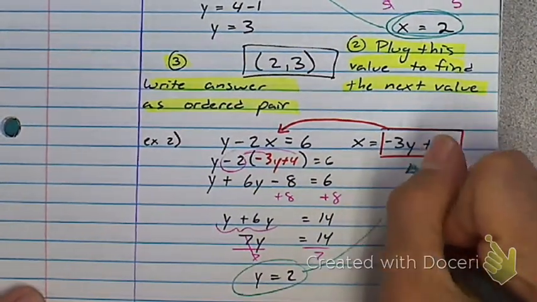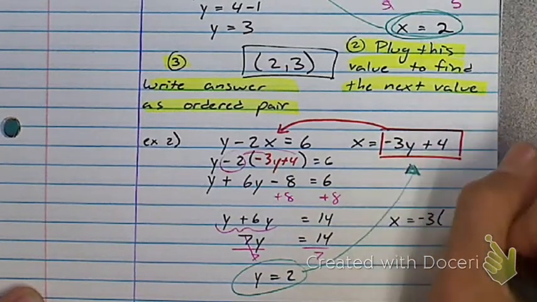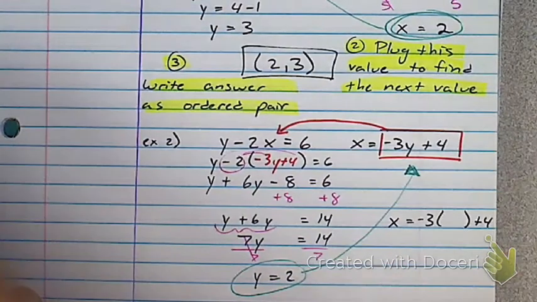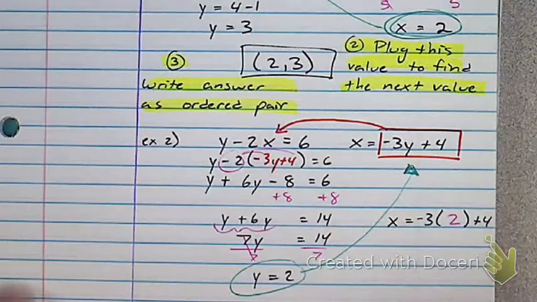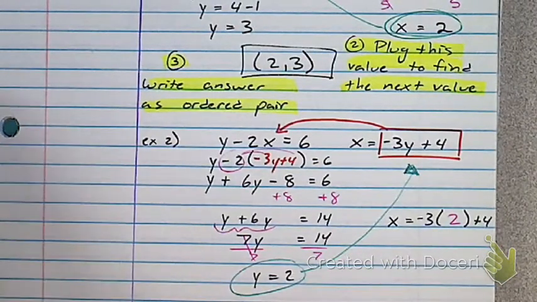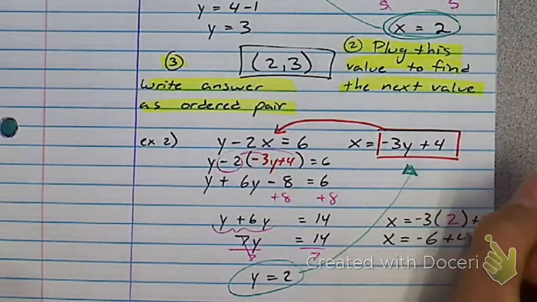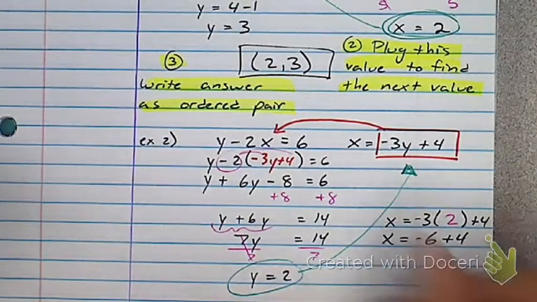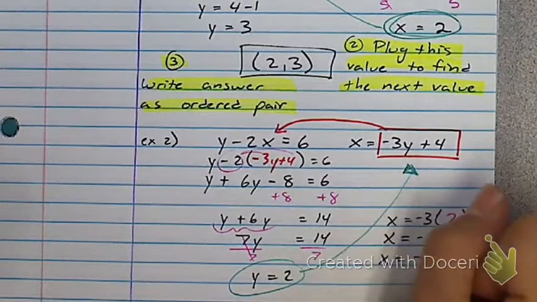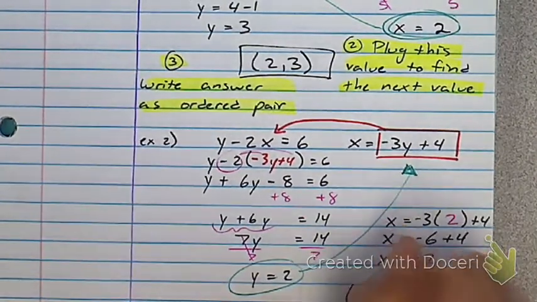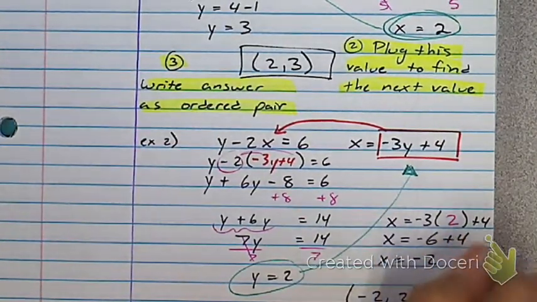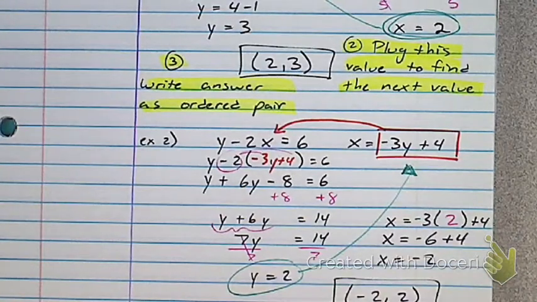I get x equals negative 3 times 2 plus 4. What's negative 3 times 2? x equals negative 6 plus 4. What's negative 6 plus 4? Negative 2. My ordered pair is negative 2 comma 2. Questions?